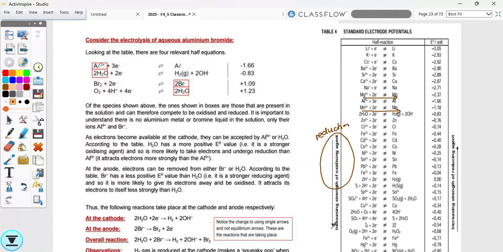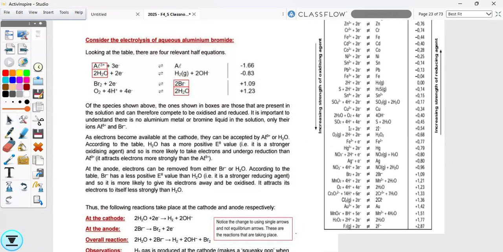And now you can see the stronger one is the bottom one, so that means water wins and aluminium doesn't happen. And if we look at our reaction on the other side, so this one was done for us in the notes, we can move to one that isn't done. So that's why they wrote down the water reaction and not the aluminium reaction.